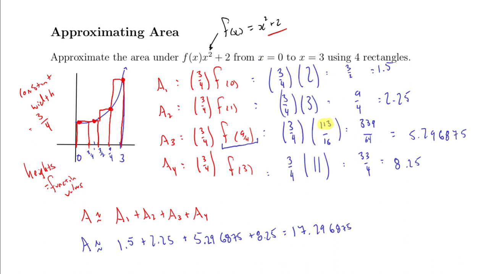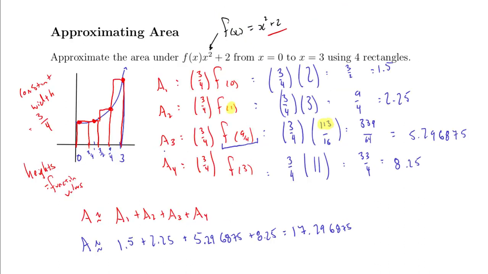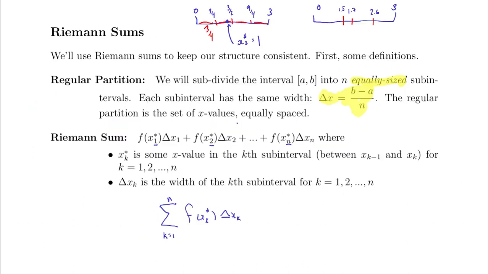It looks like for ours, right? So maybe I'll say, all right, x sub 2 star was 1. We noticed that we had a hard time with this 9/4. That was an annoying one to do. Maybe it would have been better if we'd picked something like 2. Right? 2 is within here. So maybe we could say, x sub 3 star is 2.